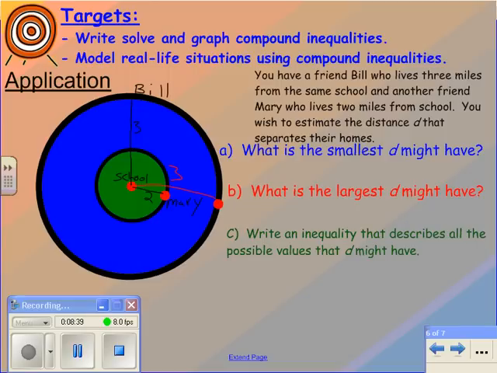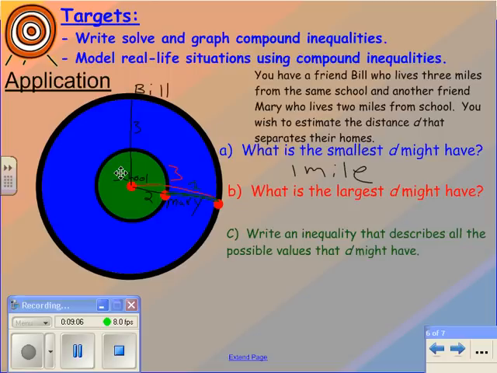So if I take away the distance from Mary's house to Bill's house right here, we're only going to have 1 mile left. So the smallest distance from Mary's house to Bill's house is going to be 1 mile.